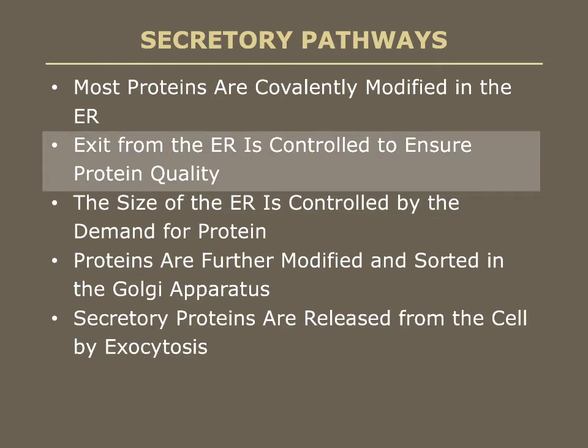Please always keep in mind that there's a lot of quality control taking place at each stage in the secretory pathway. And exit from the endoplasmic reticulum is one of those very important quality control steps.